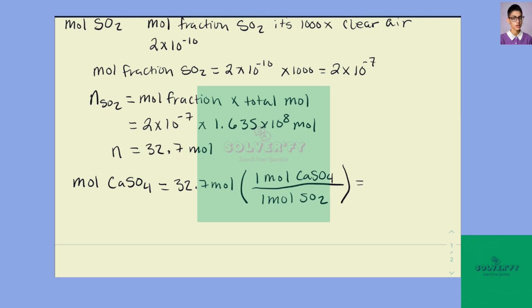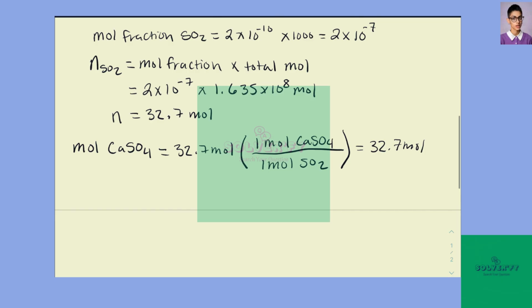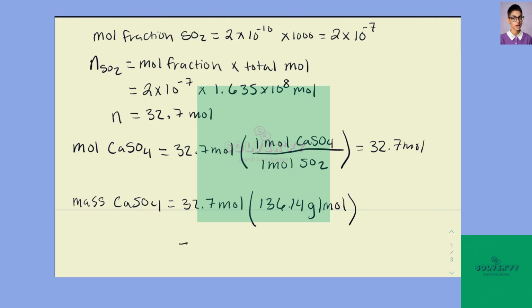So our moles of calcium sulfate is the same, 32.7 moles. Now to get the mass of our calcium sulfate, we take 32.7 moles and times that by its molar mass, which is 136.14 grams per mole.